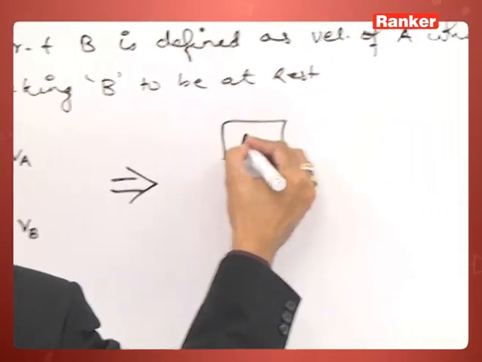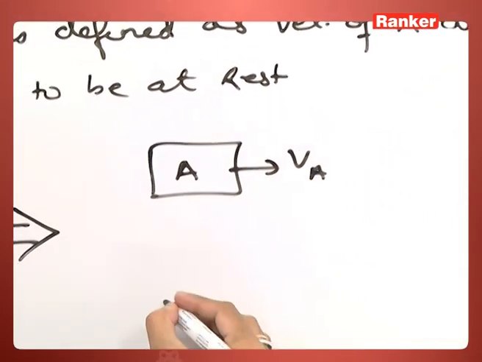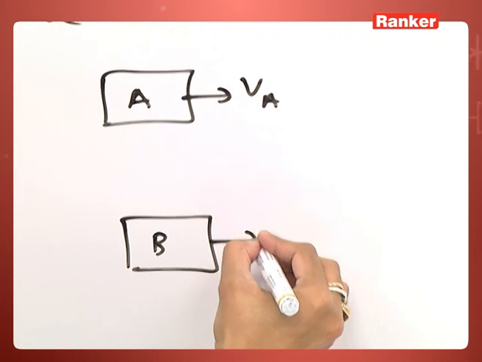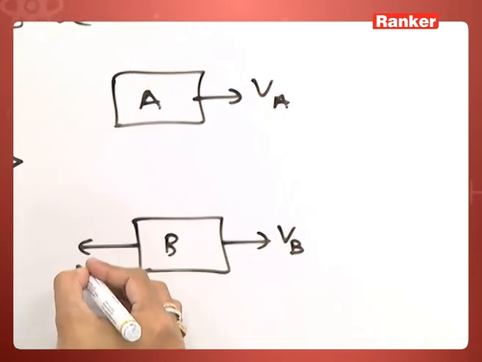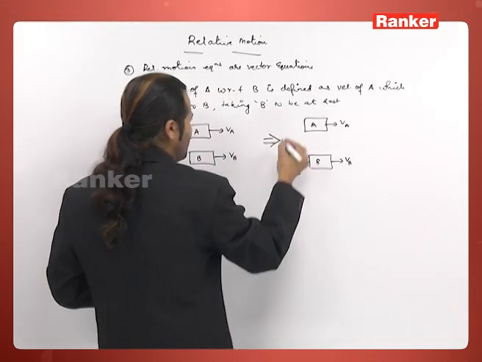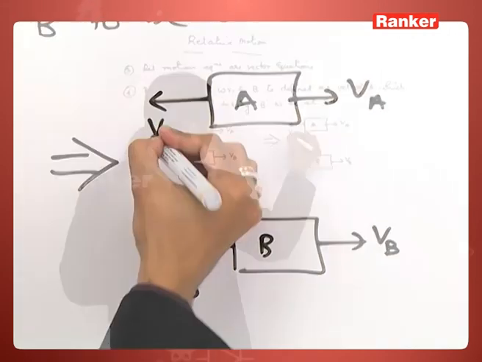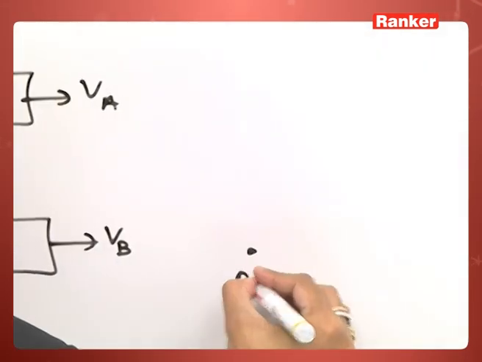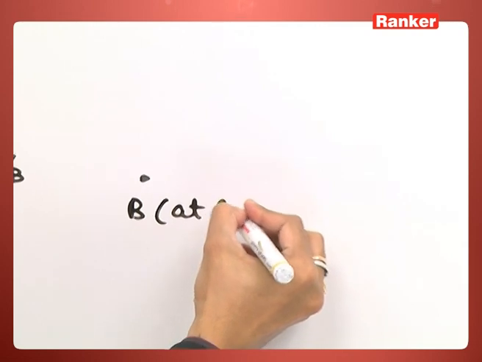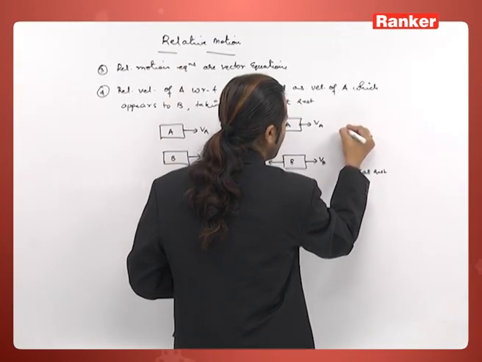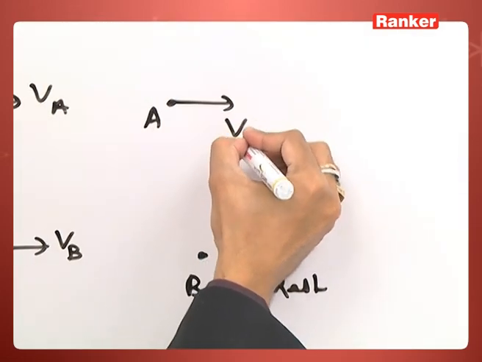So for B to be at rest, I superimpose VB here, and also superimpose VB here. Now B is at rest, and A is moving with a speed VA minus VB.